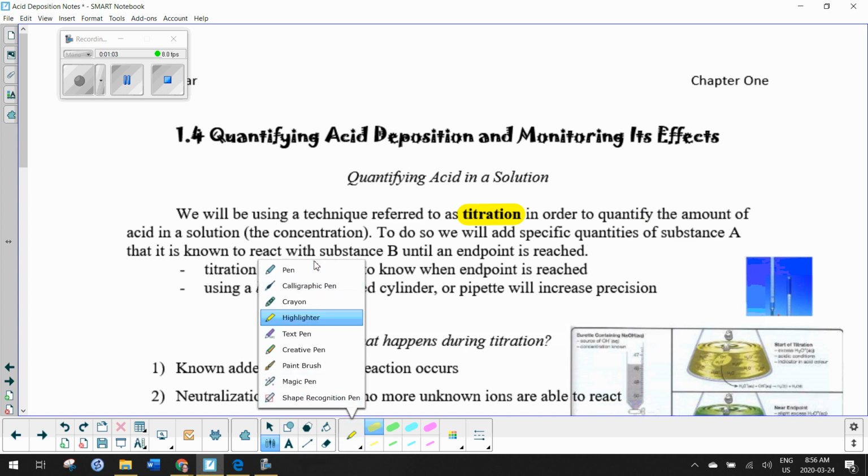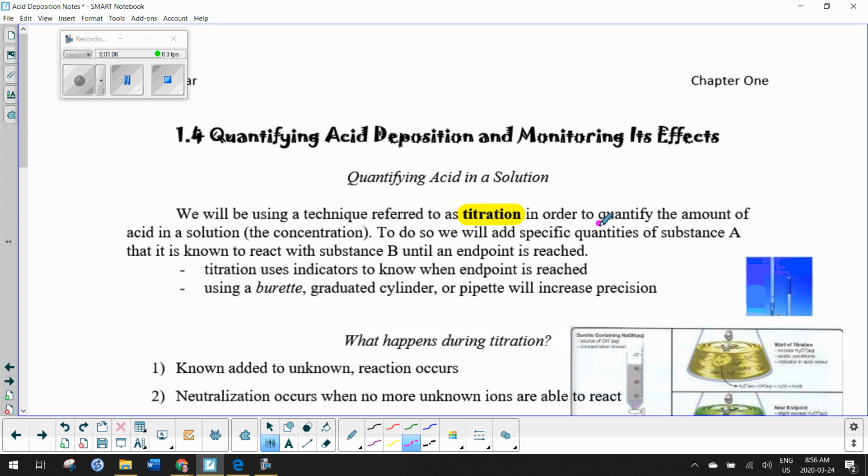We talked about quantifying last class in terms of qualitative and quantitative. Qualitative and quantitative are two different things, talking about numbers versus observations. So quantifying is really talking about adding numbers to your data so that it makes it more concrete.